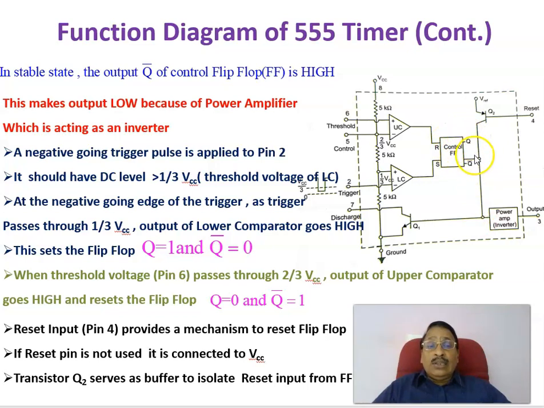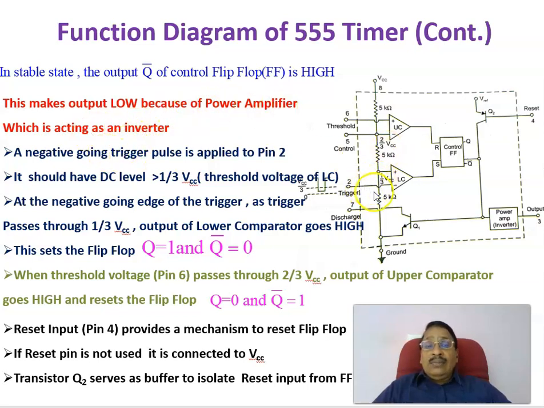Q is the output and Q bar is the complement of that one. Q bar is high means this is an inverter, so the output will be low, because the power amplifier is acting as an inverter.